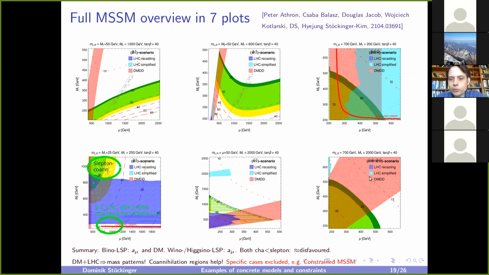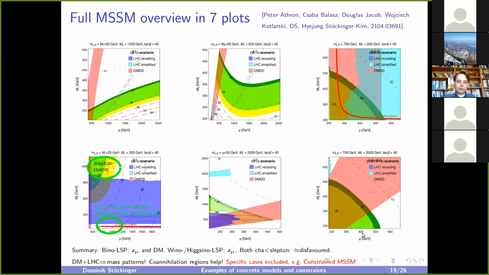So in these, in particular in the lower plot, there are essentially no LHC limits at all. However, there are still significant limits from dark matter constraints on the parameter space. So in those cases where both charginos are lighter than sleptons, it is not easy to explain g-2, even though there are corners where it works, of course.